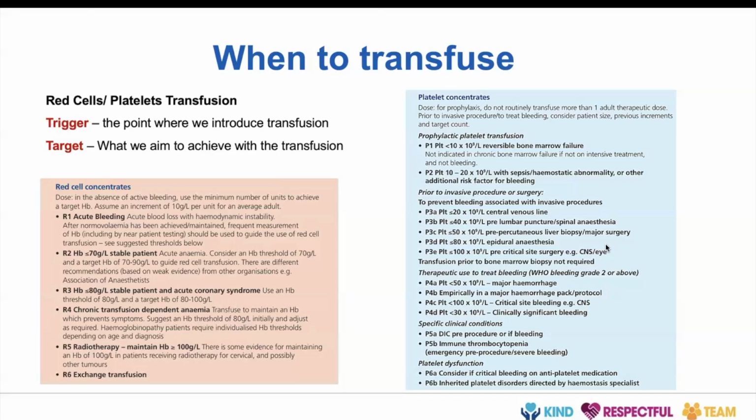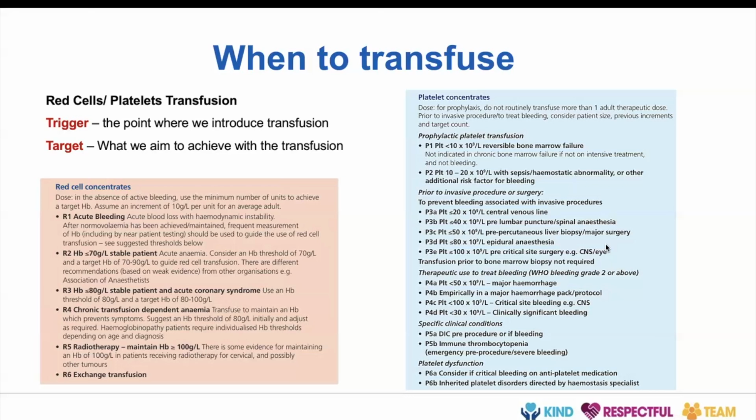So R3 is where you've got stable patients with cardiac syndromes, or patients who are chronically transfusion dependent, so that means they're having consistent transfusion. And what we're saying is that at the point where the HB is 80, we are going to introduce transfusion.